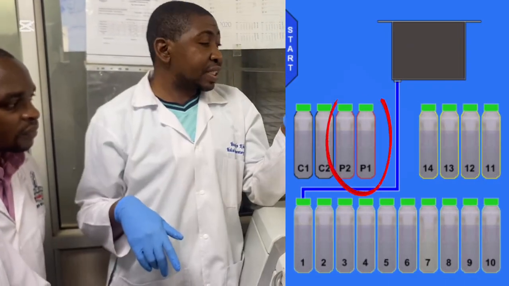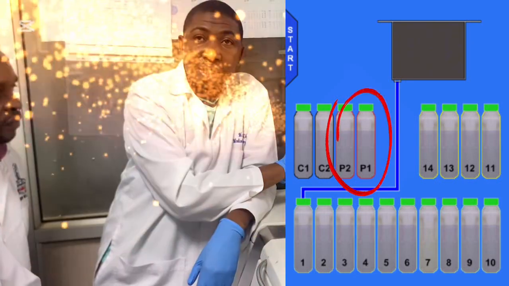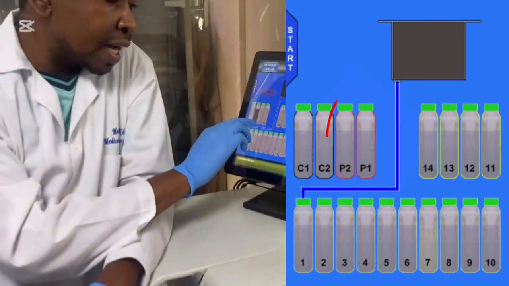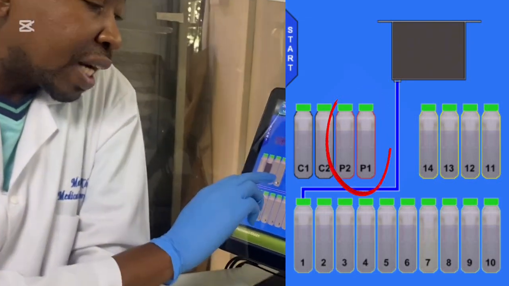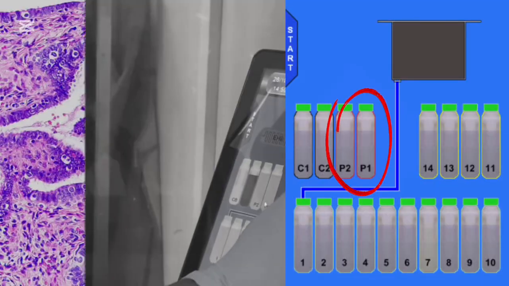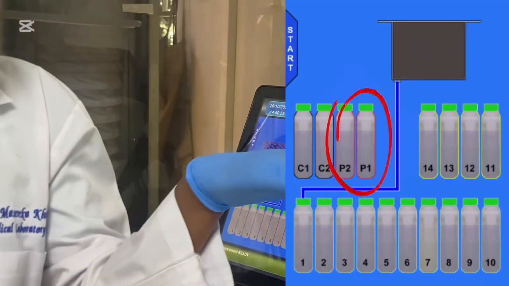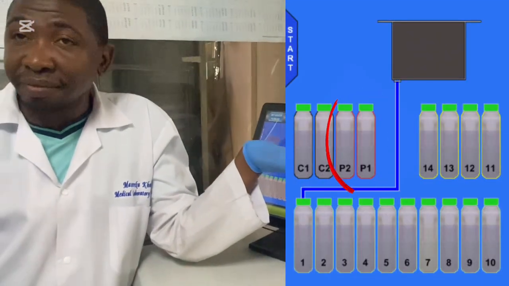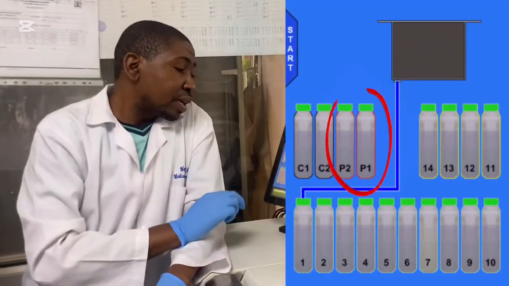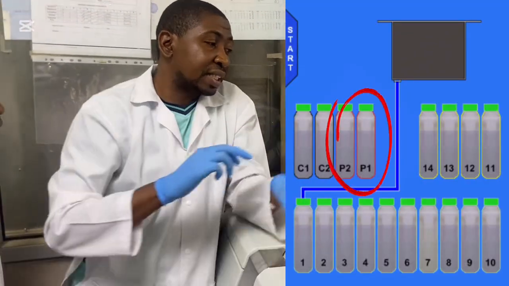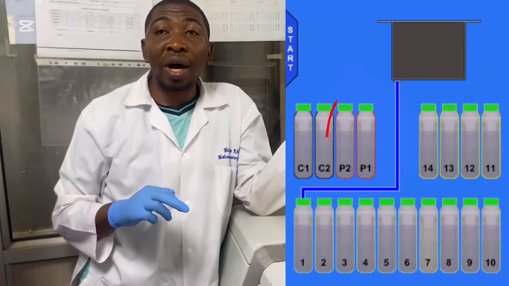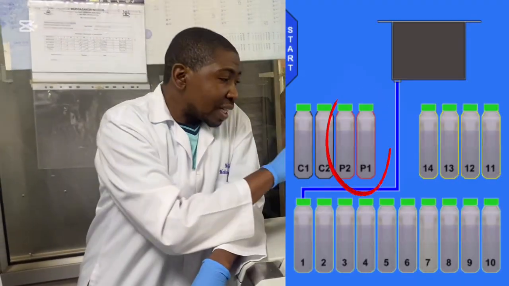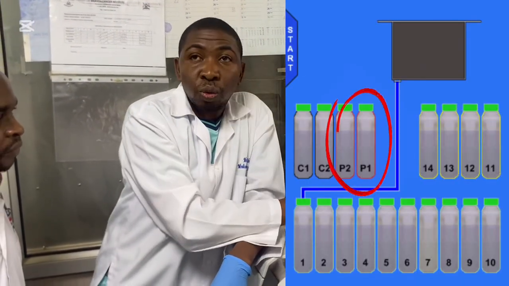The other key point: these two bottles have P1 and P2. When you touch P1, it is reading bottle 1 purge. It has xylene. Then you have bottle 2 purge. It has alcohol 100. So what is the use of these two?